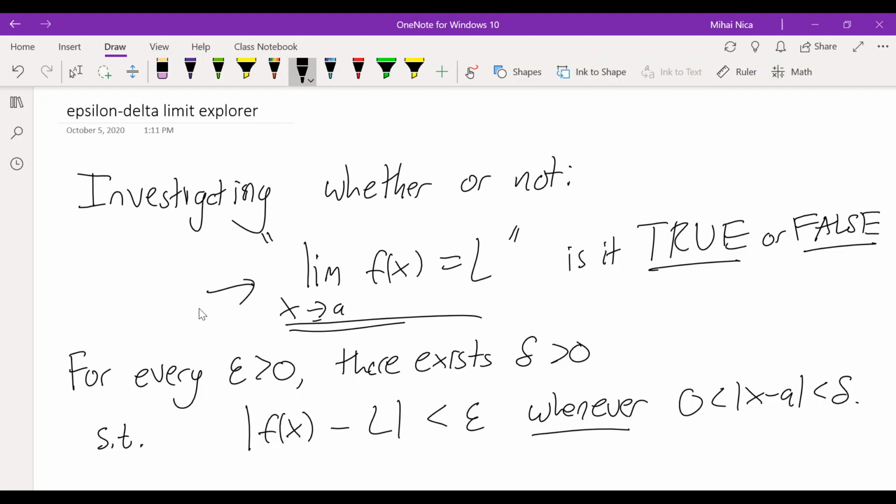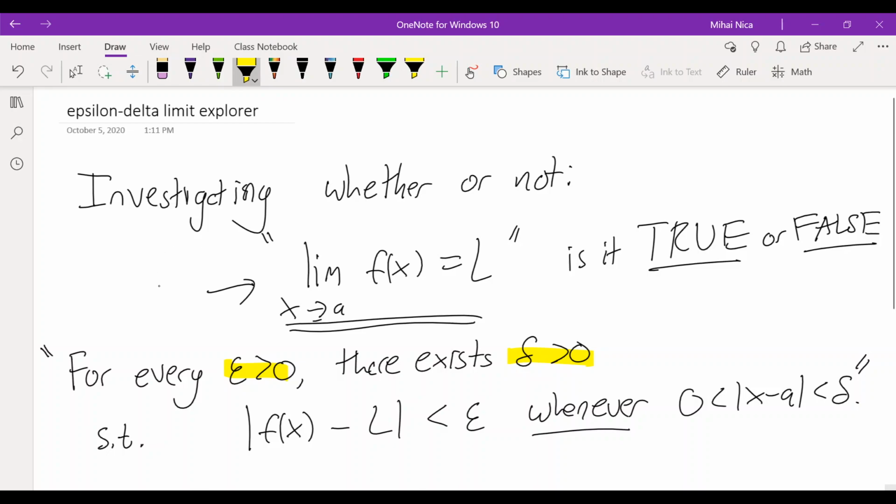So it looks really short here because it's written in a shorthand, but the long version of this statement is pretty long and complicated and involves an epsilon and a delta. And the epsilon-delta limit explorer is supposed to let you play around with the epsilons and deltas as little sliders and figure out whether or not this thing is true or false.